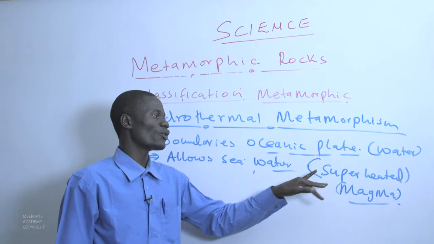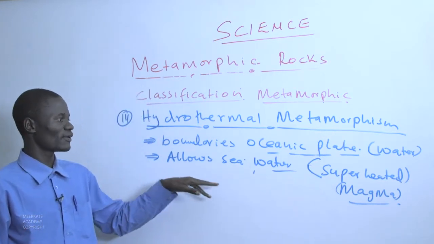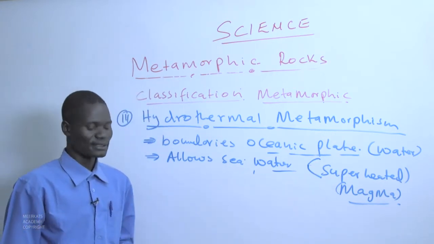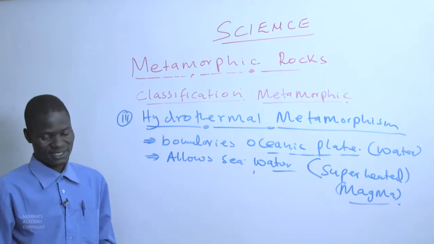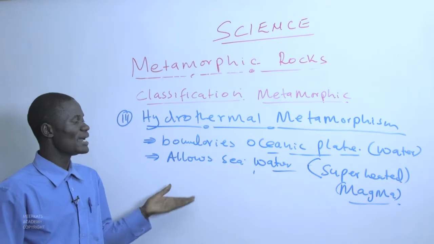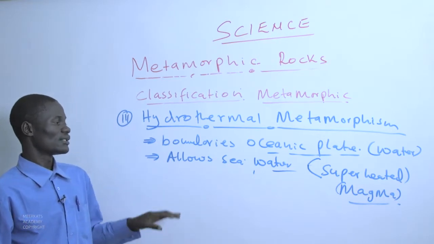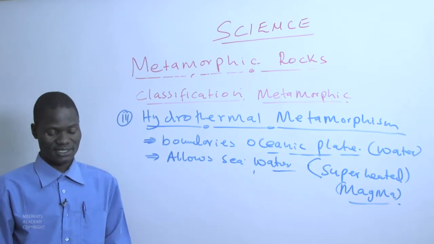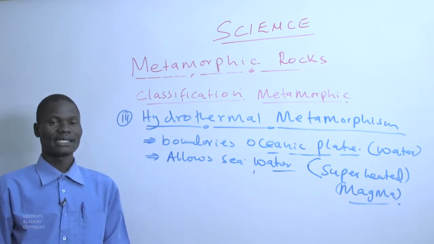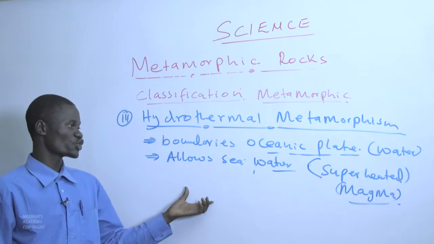And then this water will still percolate as it flows into the continental crust through the oceanic crust. It will make that water react with the mineral content that is found in those rocks.